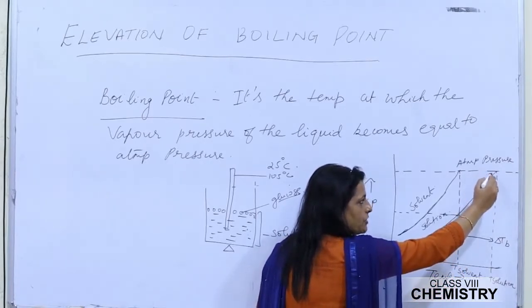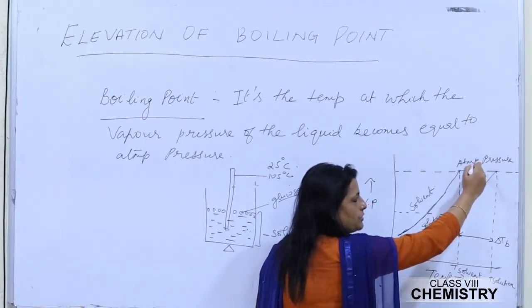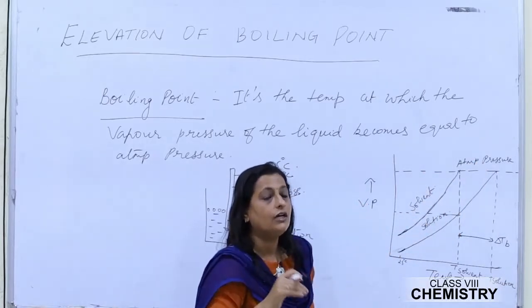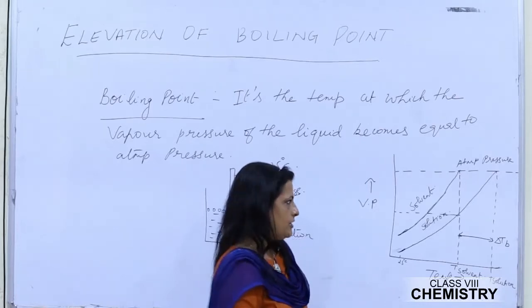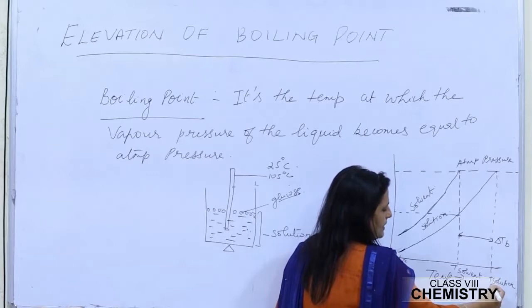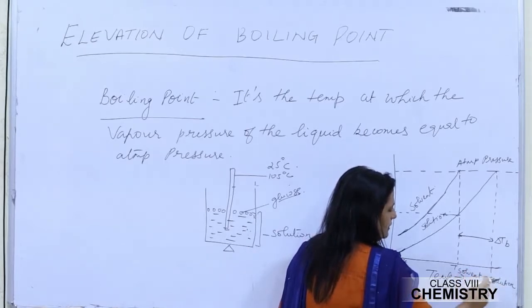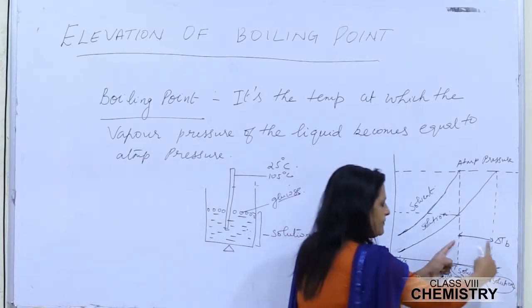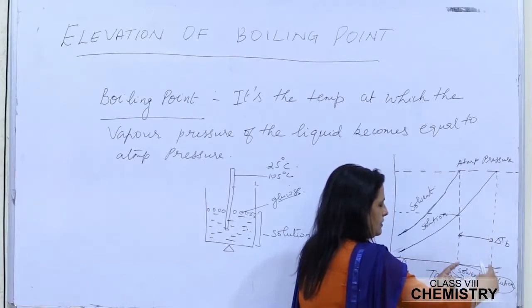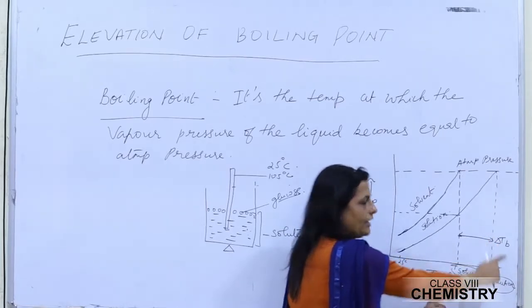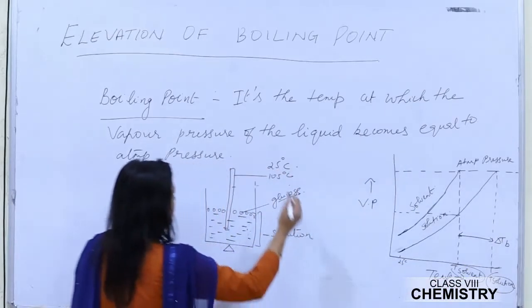Then only the vapor pressure of the solution is becoming equal to atmospheric pressure. This is because of the presence of what? Non-volatile solute. So, the boiling point of the solution is represented as T solution. So, T solvent represents the boiling point of solvent, and this represents the boiling point of solution. So, this difference in boiling point of solution and solvent is known as what? Elevation in boiling point. So, what can you write?